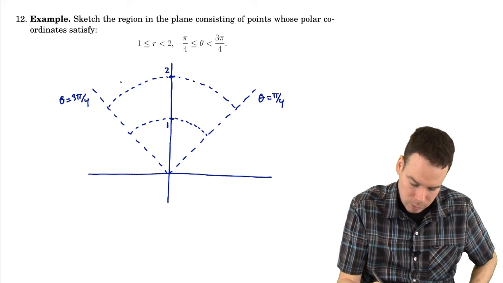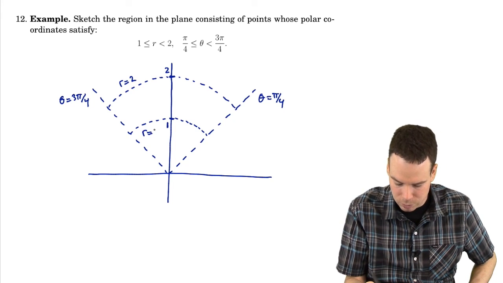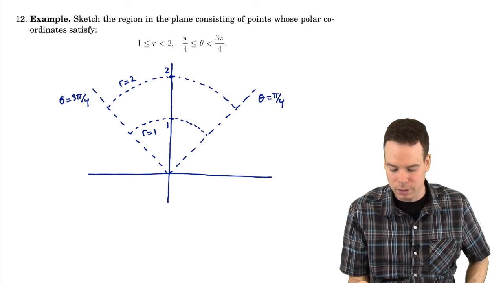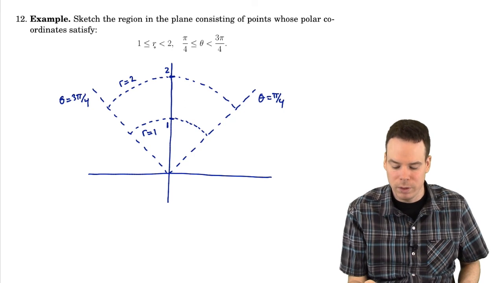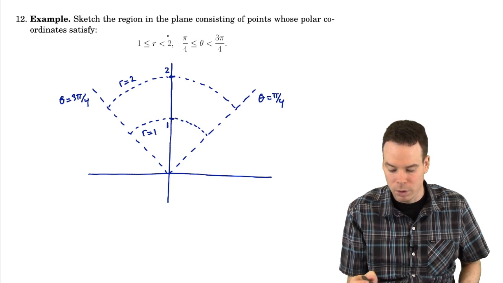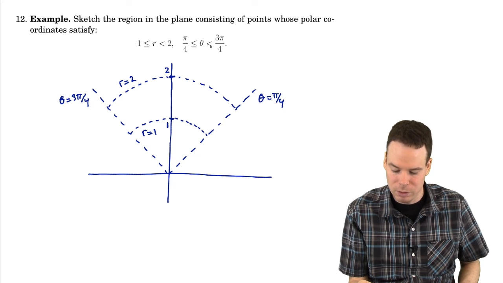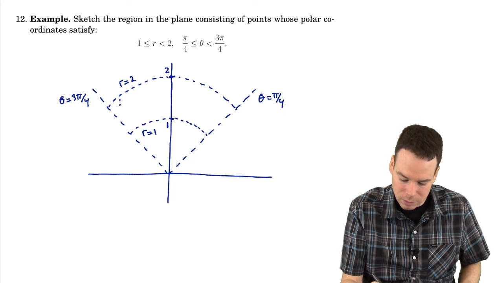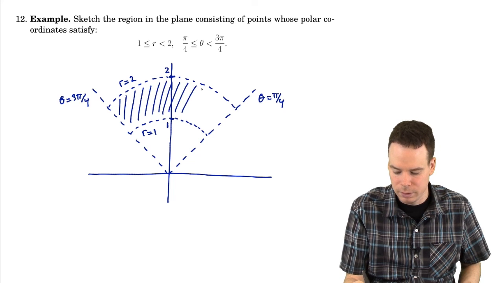Those points correspond to r equals 2, and the points along this arc correspond to r being 1. Now we're interested in all the points with polar coordinates whose r value is between 1 and 2 and theta is between these ones. So that's all of these things inside.